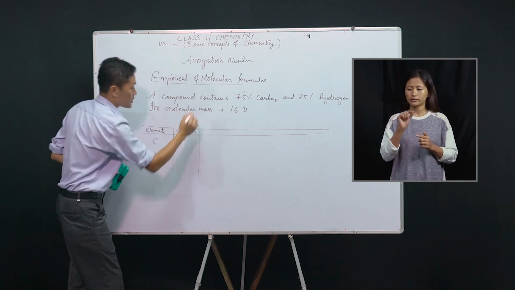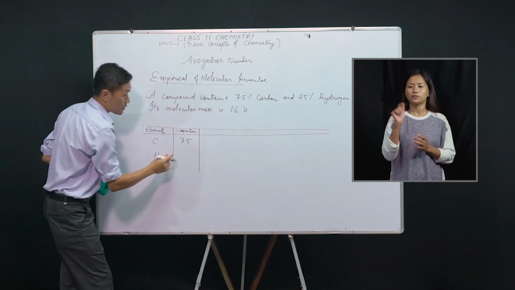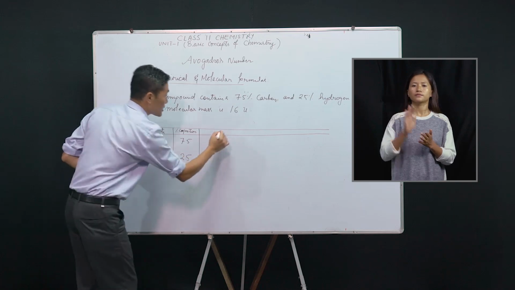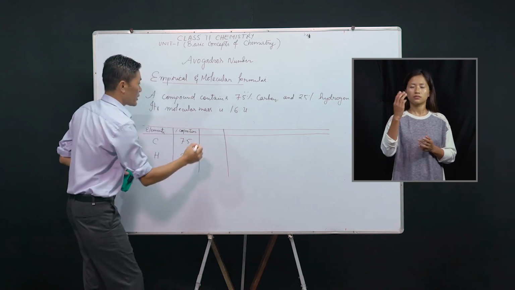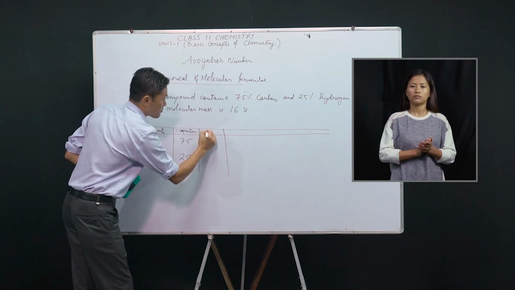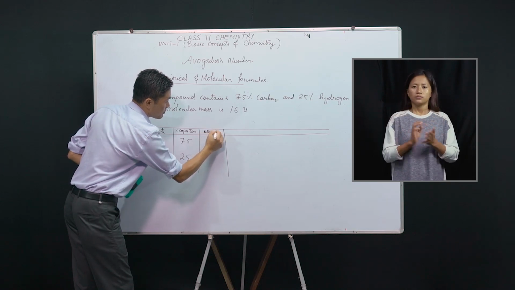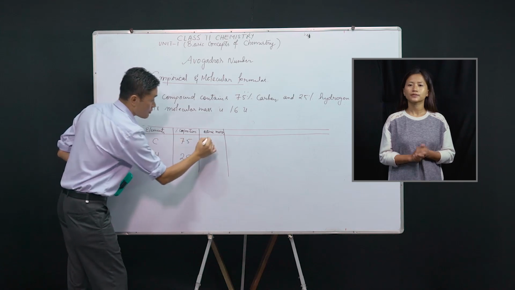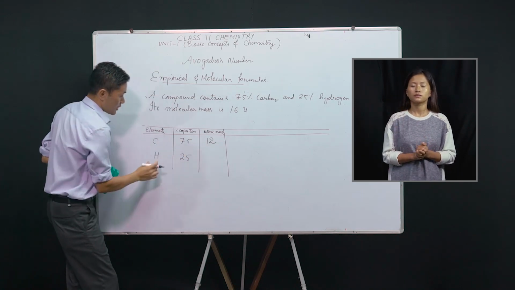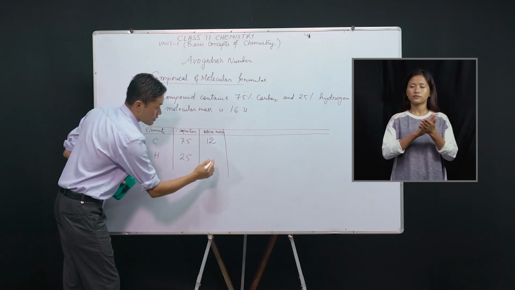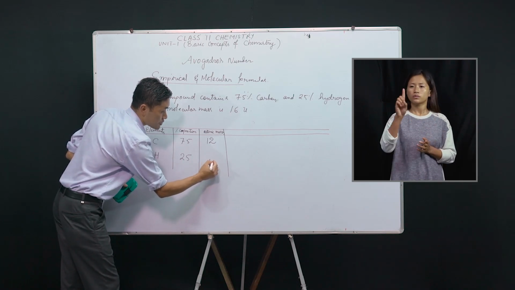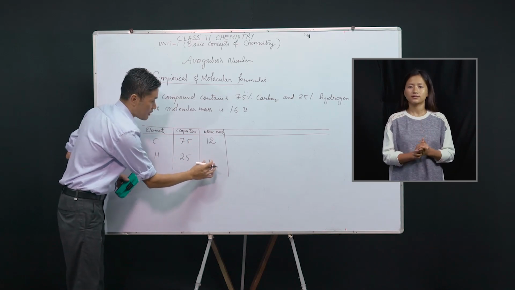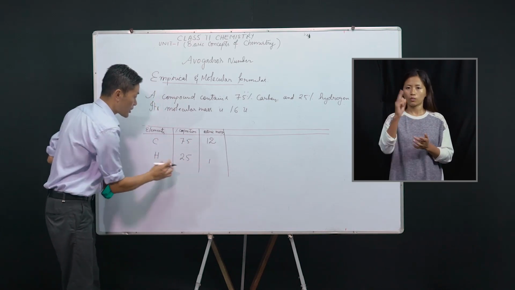Percentage of carbon in the compound is 75% and percentage of hydrogen is 25%. Then in the third column, we write down the atomic mass. Atomic mass of carbon is 12 and mass of hydrogen, the actual mass is 1.008, but to make our calculations easier here, I'm taking 1 for the mass of hydrogen.